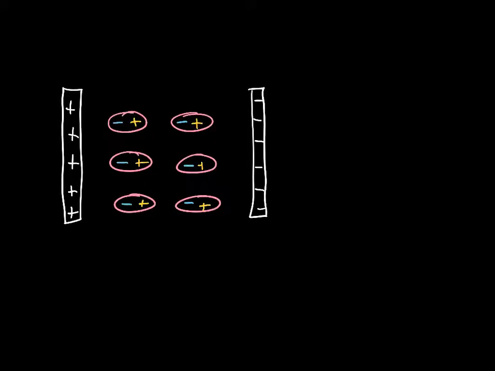So what this means is initially we had an electric field, E sub 0, that was the field that would go from all the plus charges on the left plate to the minus charges on the right plate. But we get an opposing field due to all of these dipoles.